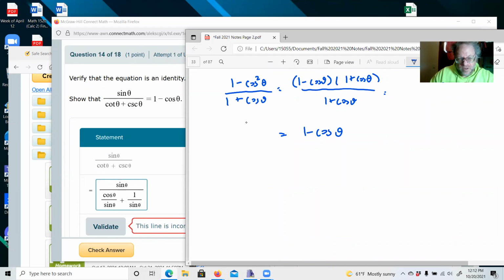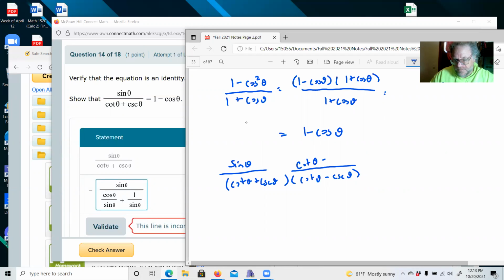Why don't we do sine theta over cotangent theta plus cosecant theta times cotangent theta minus cosecant theta, right? Multiply by the conjugate. You guys remember doing that in difference quotients with radicals.